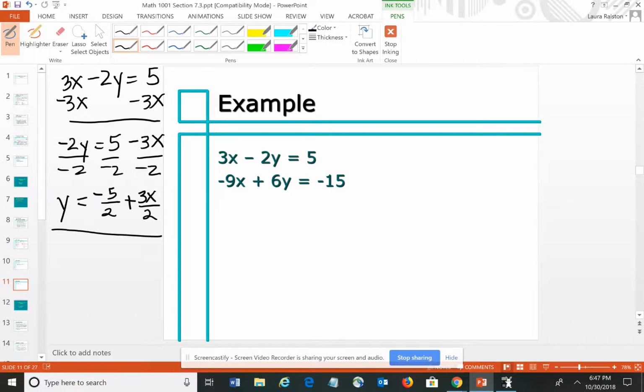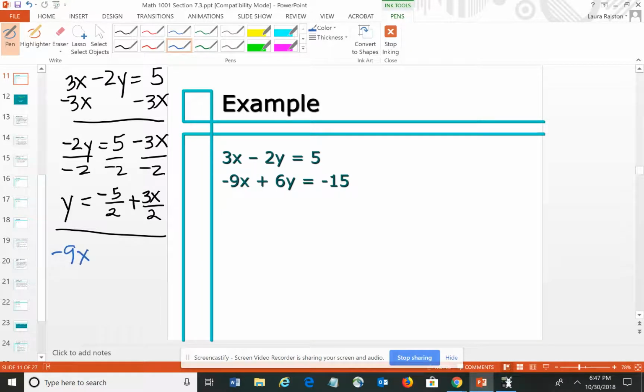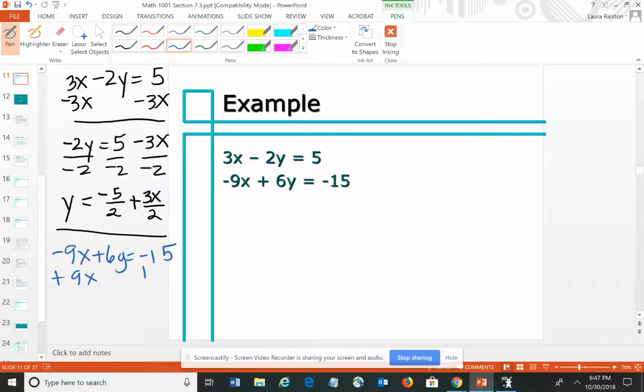All right, then we do the second one. We have negative 9x plus 6y equals negative 15. We add 9x. So we get 6y equals negative 15 plus 9x.